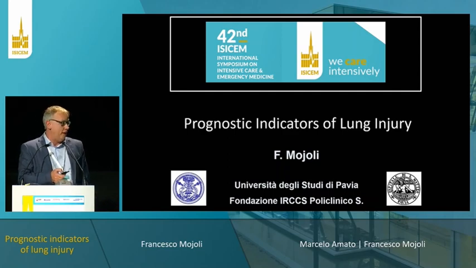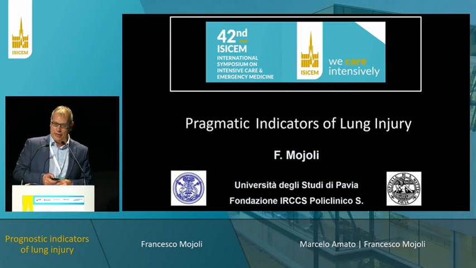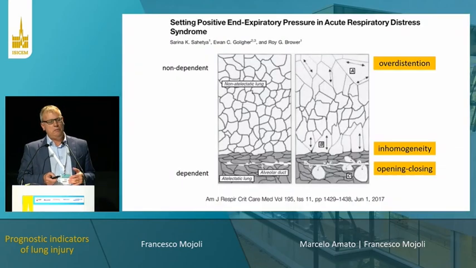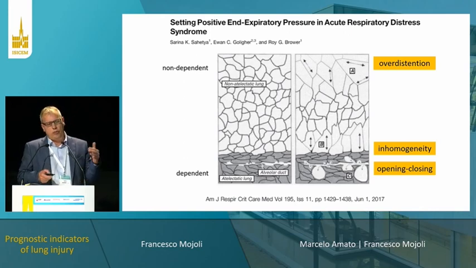So I decided to change it from prognostic to pragmatic indicators of lung injury, meaning that I will focus on those parameters that are more or less under our control when we set a ventilator and could eventually have an impact on lung injury, on the different mechanisms leading to lung injury, like overdistension occurring mostly in the non-dependent part of the lung, opening and closing, and of course inhomogeneity that acts like an amplifier of the stress locally.